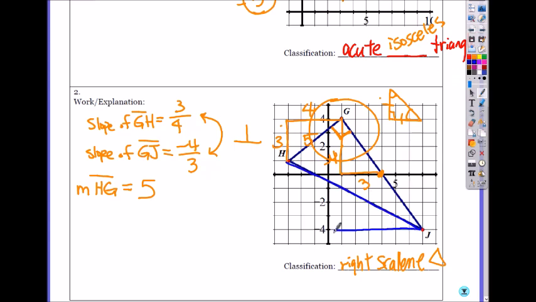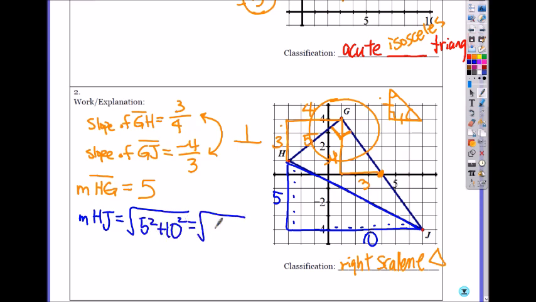Let me go ahead and draw a triangle this way. 1, 2, 3, 4, 5. 1, 2, 3, 4, 5, 6, 7, 8, 9, 10. So that one we have to use the Pythagorean theorem. There's no 5, 10 ratio. So measure of HJ will be square root of 5 squared plus 10 squared, which is square root of 125. What's square root of 125?